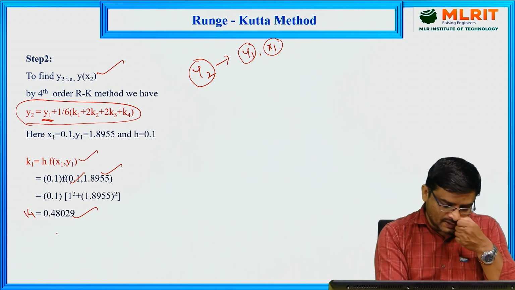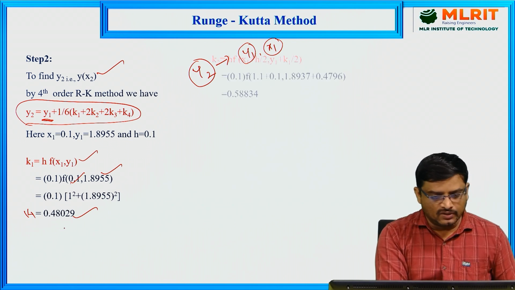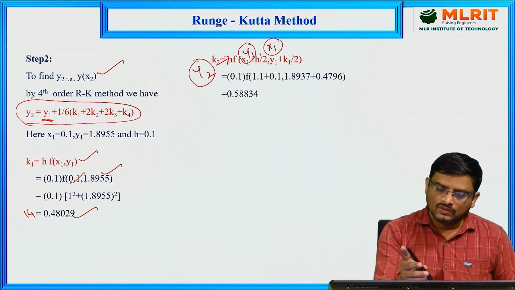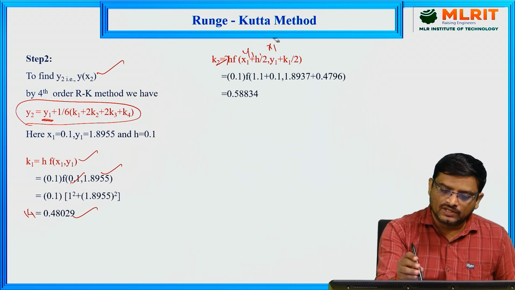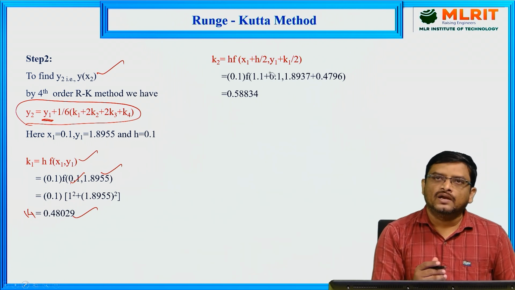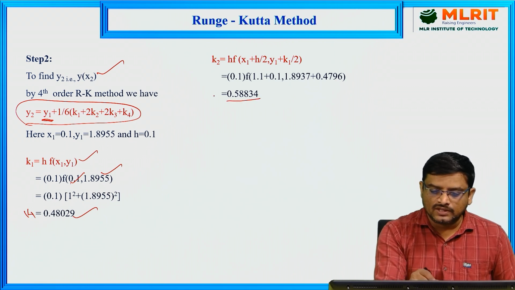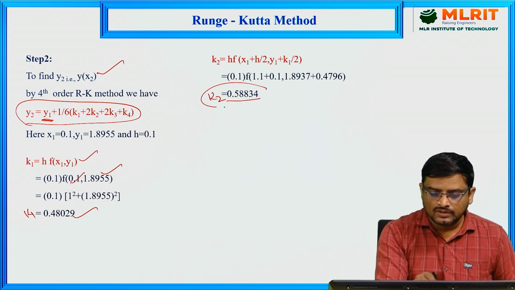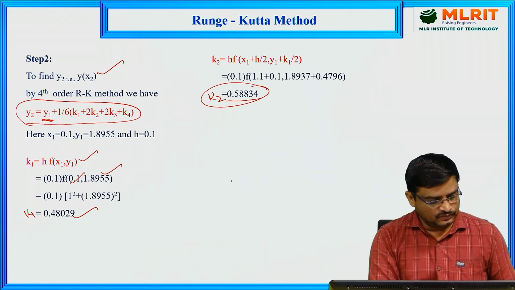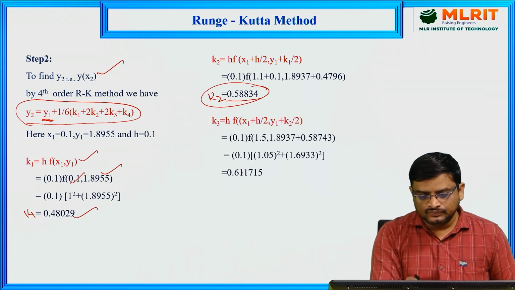So simplify this, so you will get k1 is equal to 0.48029, and then go for k2. Use the same formulas to find out the k2 value, but replace x0 with x1 and y0 with y1. So simplify this, you will get our k2 value here. k2 is equal to this. And similarly k3.